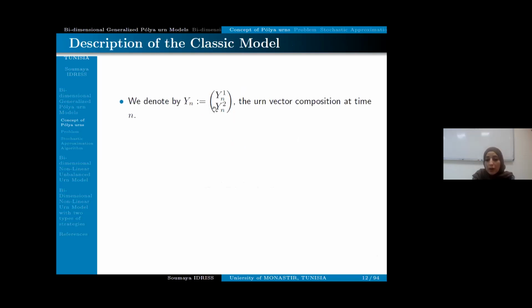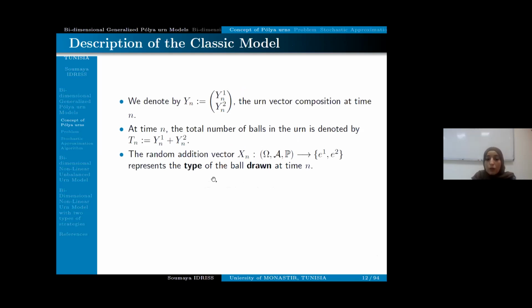We denote by Yn the urn composition vector at time n. The total number of balls is given by the sum, and the random addition vector Xn is a random vector that represents the type of the ball drawn at time n.